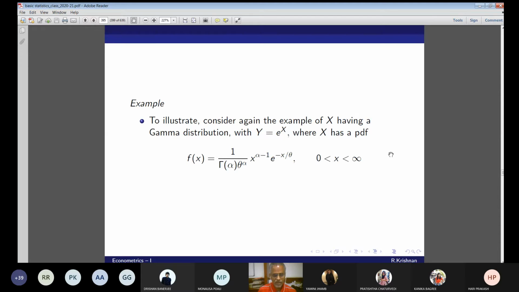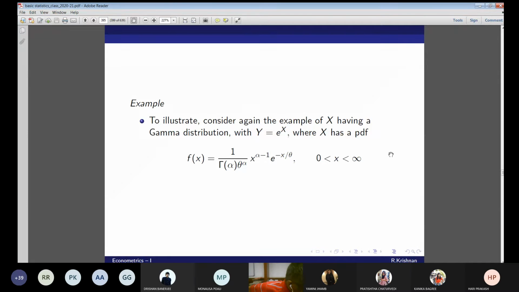To illustrate, consider again the example of x having a gamma distribution with y equal to e power x, where x is a PDF. What is C1 here? 0. C2? Infinity.